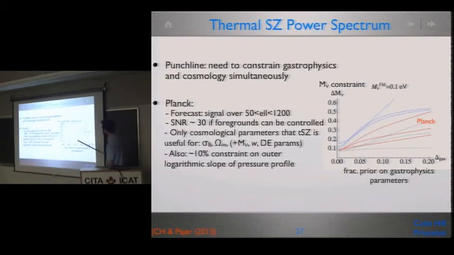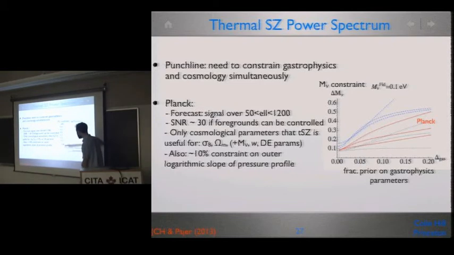So we computed the forecasted possible constraints on the neutrino masses as a function of the fractional prior on your knowledge of the gastrophysics. So without going into all the details here, this is just the fractional prior on the different parameters in that gastrophysics model, which we let decrease simultaneously. So at 0 here, you'd be saying we know the gastrophysics model perfectly. And the Planck constraints that we forecasted are in red. These are for different masking scenarios, but don't worry about that too much.